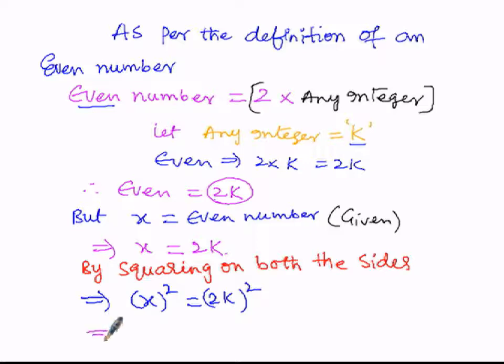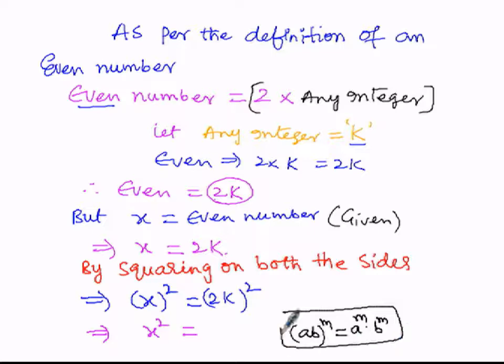That implies x whole square, that is x square, equals, so the square is applicable for both 2 and k. It is in the form of ab whole power m, which by the identity can be written as a power m into b power m. Based upon this identity, the exponent 2 is applicable for both 2 and k, so 2 square into k square.